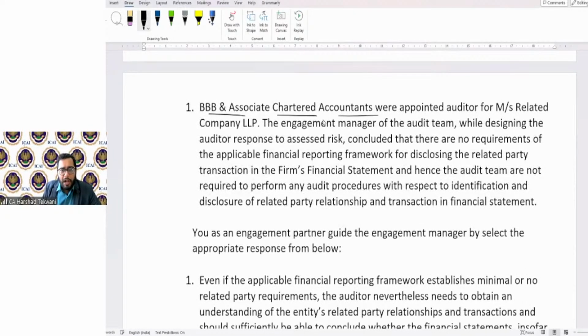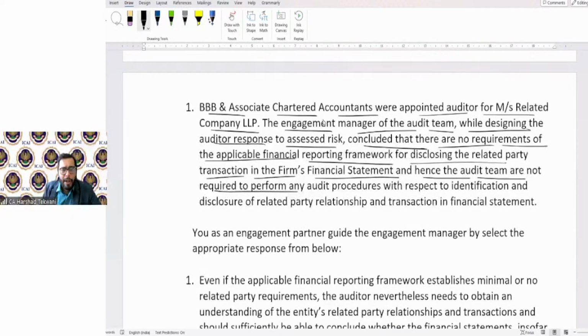BBA and Associates, Chartered Accountants, were appointed auditor for Messrs. Related Company LLP. The engagement manager of the audit team, while designing the audit response to the assessed risk, concluded that there are no requirements of the applicable financial reporting framework for disclosing related party transactions in the firm's financial statements, and hence the audit team is not required to perform any procedure with respect to identification and disclosure of related party relationships and transactions.